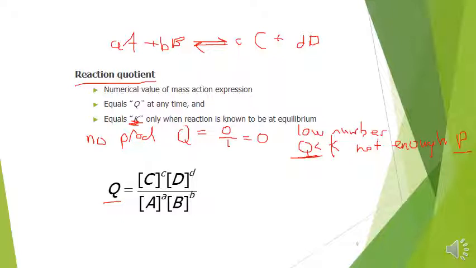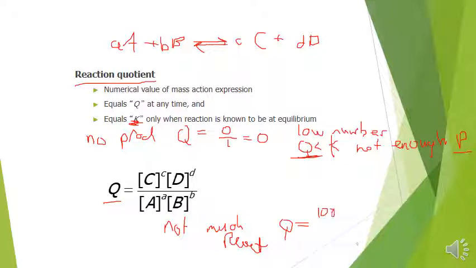Now, if you go the other way around, let's say there's not very much reactant. We won't go to zero, so it's not much reactant. In this case Q, let's say, may be like 1,000.